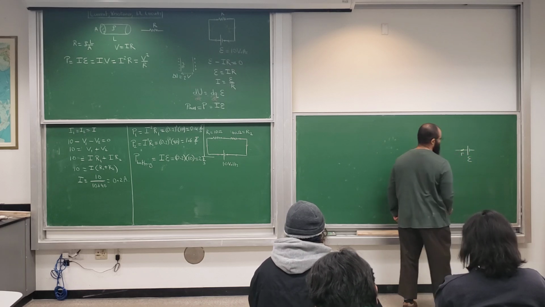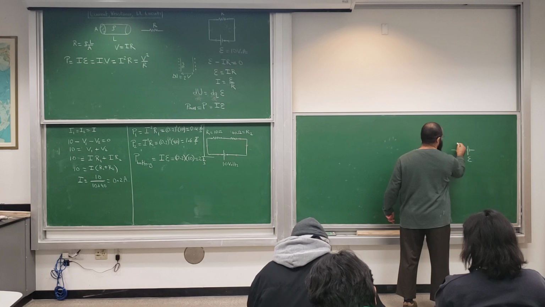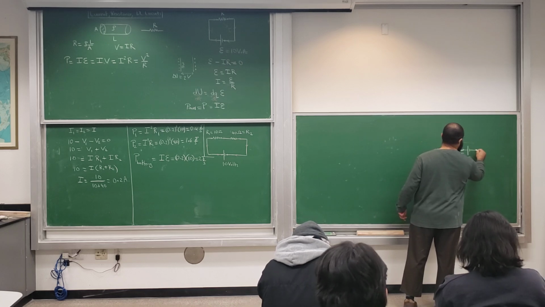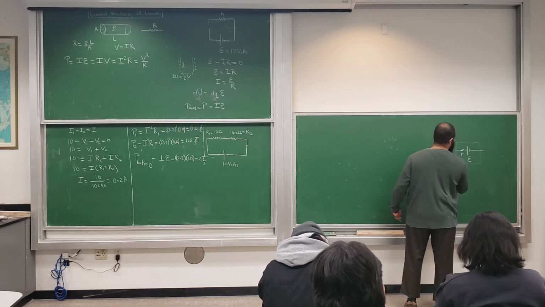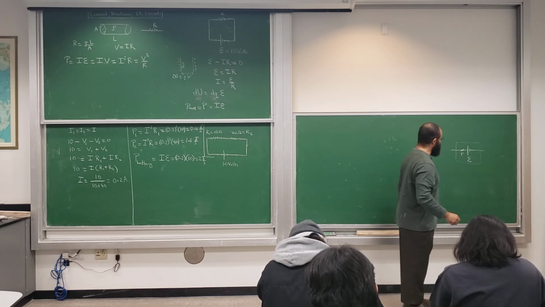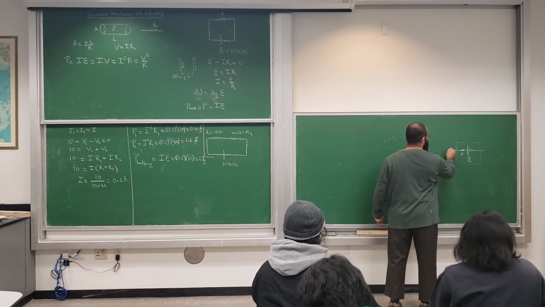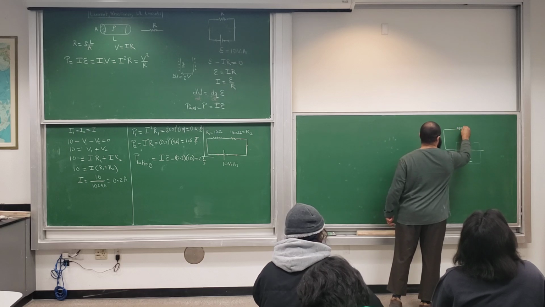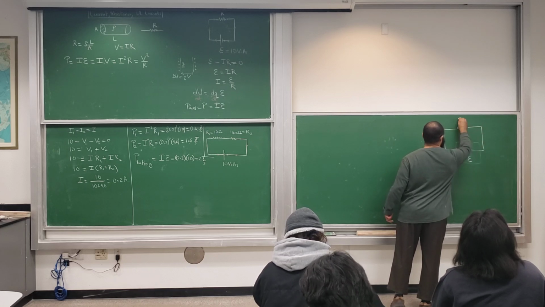And this is the voltage of the battery. When you look at the battery, you're looking just on the outside. I'm going to connect it to some resistor, capital R.